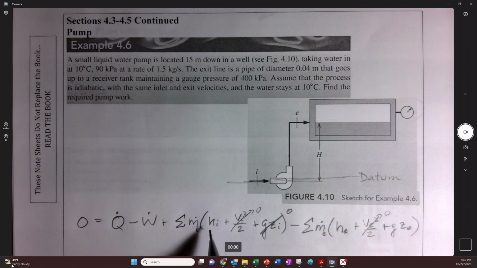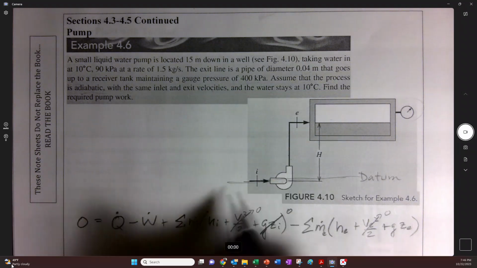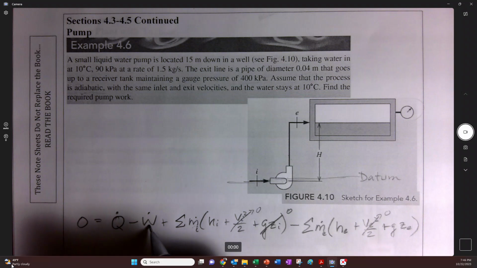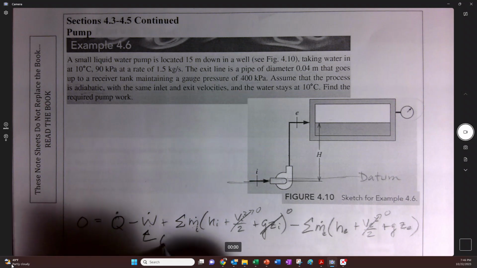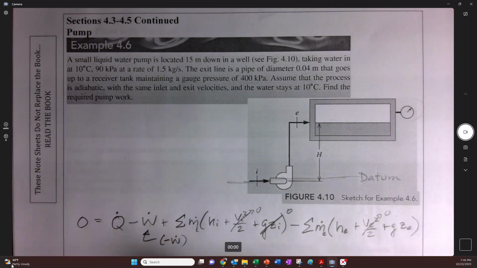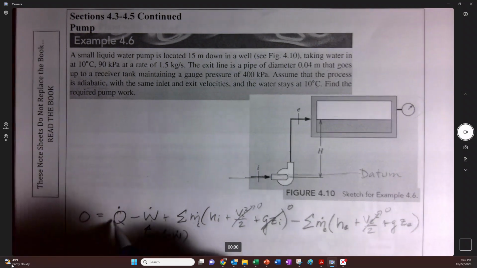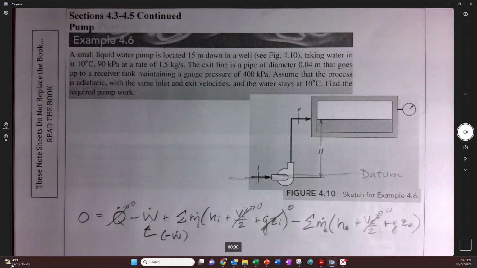I think we're okay right here. We're putting work in, so we'll put that in as negative power in. And it's adiabatic, so Q dot is 0. I think I got all this.